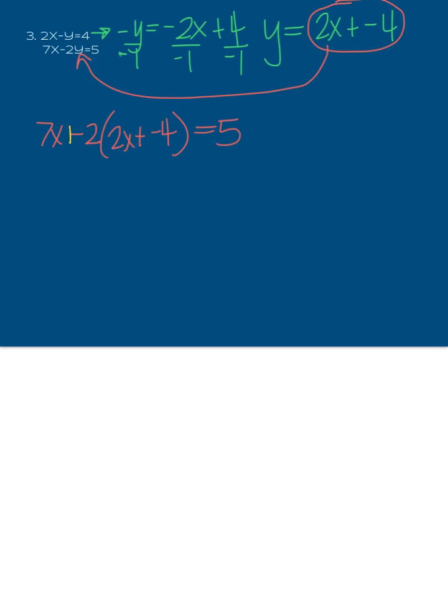So I'm going to do SAO first and distribute because of order of operations. So I have 7x plus -4x plus 8 equals 5. Combine my like terms.